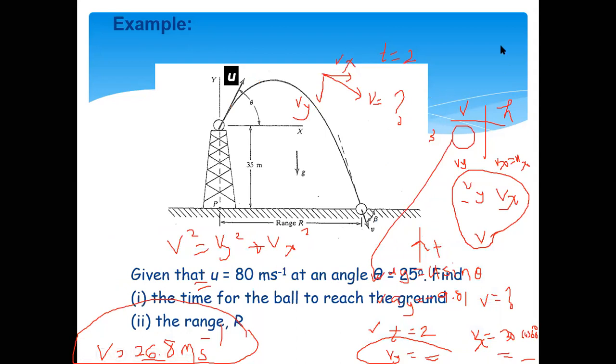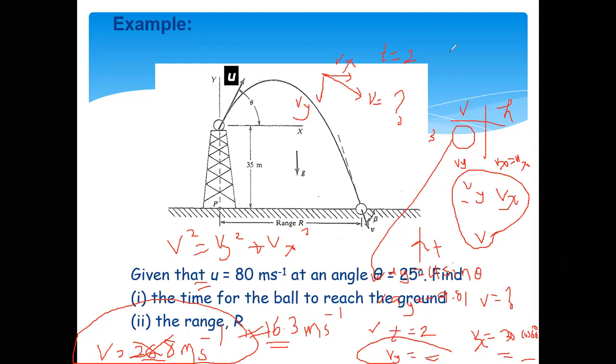Because we follow the majority, I think the answer is 16.3 meters per second. Please try your working. Check your Vy: Vx is 30 cos 60, for Vy the time is 2 seconds, gravity is negative 9.81. Majority got 16.3, so we go for 16.3 as the answer here.